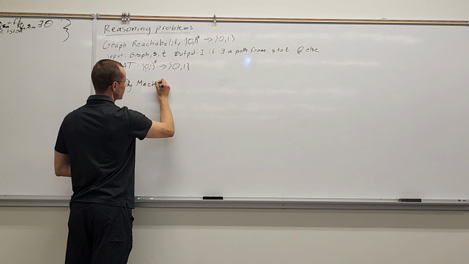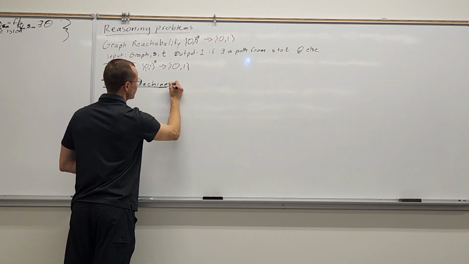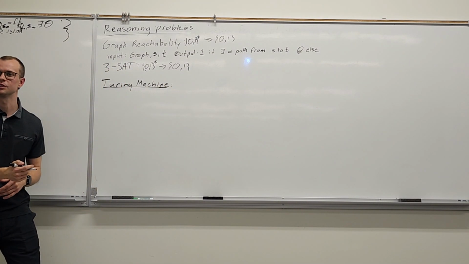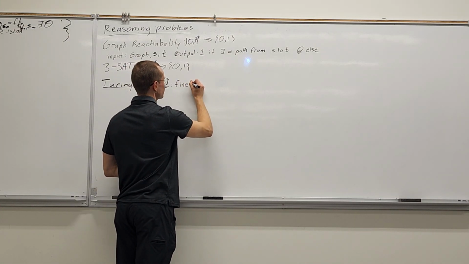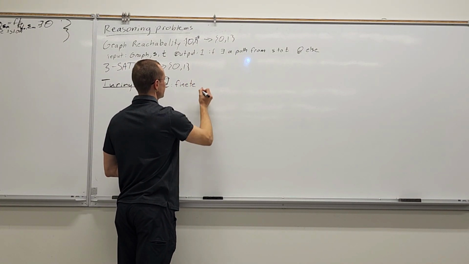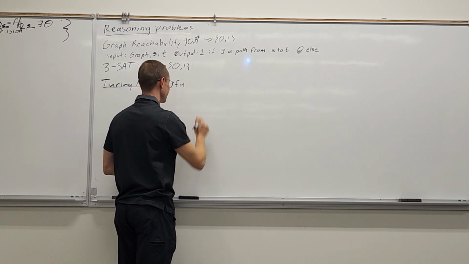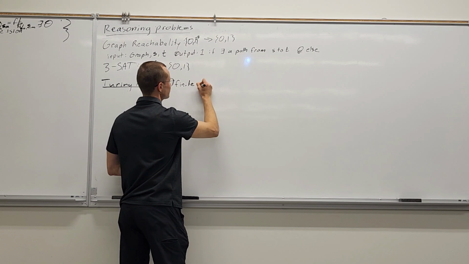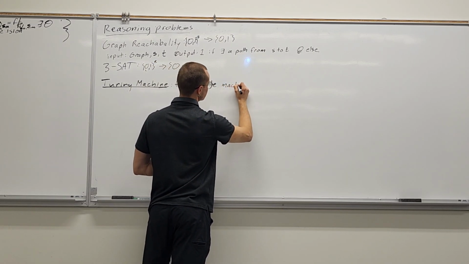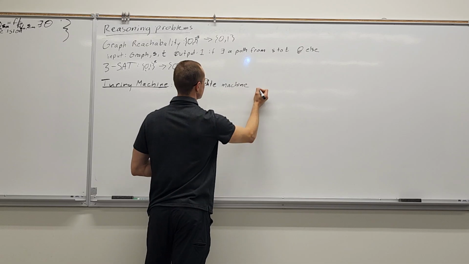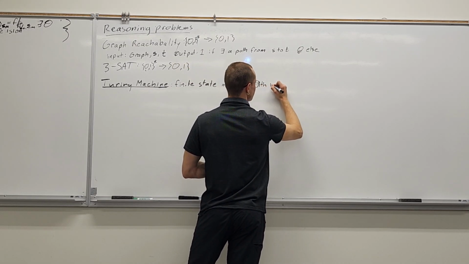And you can define function classes depending on how much resources you give to a Turing machine. Roughly think of it as a finite state machine with infinite, or unbounded, memory.